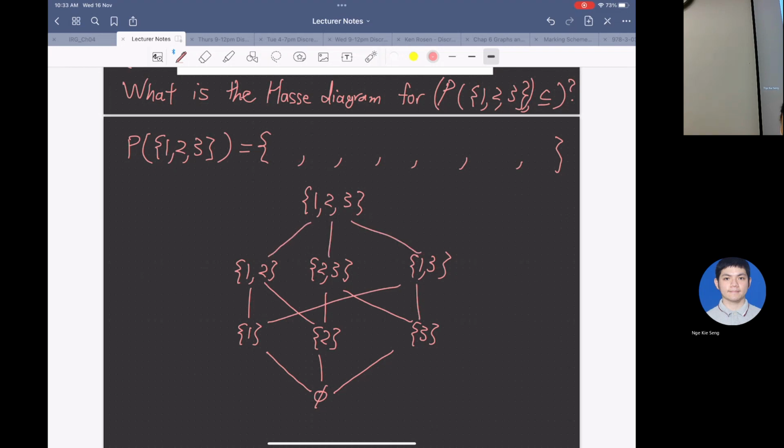Do I need the arrow? No need, cancel diagram, no need. Say how you draw the line, say why you draw the line. Just explain this line, how and why you draw. There must be a reason. Oh, because it's like a subset.